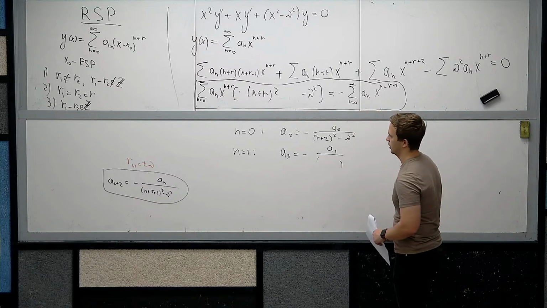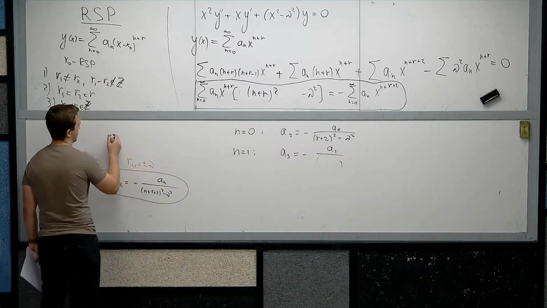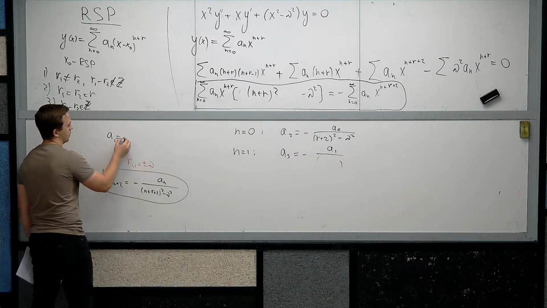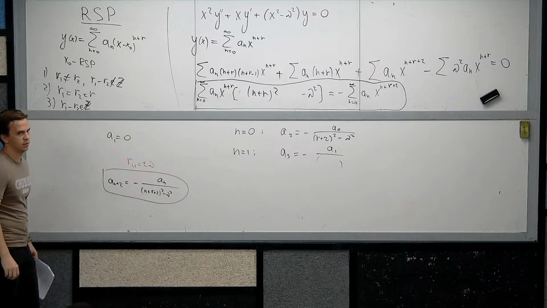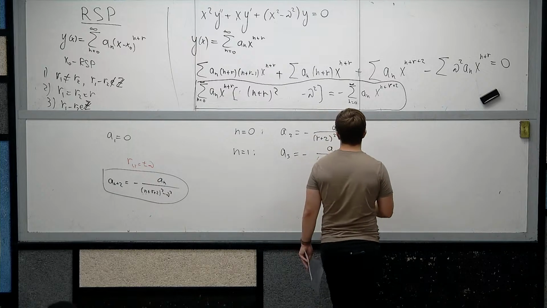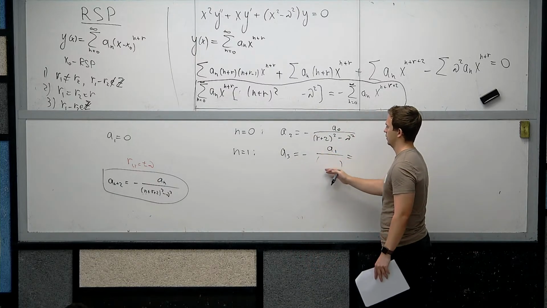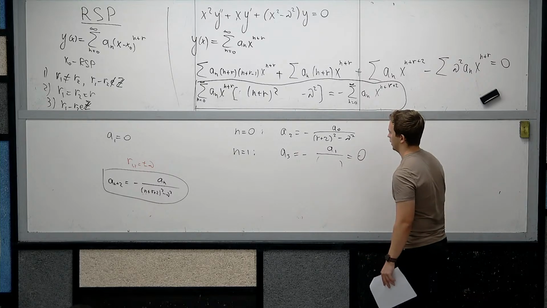Then, for n equals 1, we have a3 is minus a1, and here we have also. But remember that here we wrote that a1 has to be 0. Okay, so that means that it doesn't matter what I have here, right? It's 0.